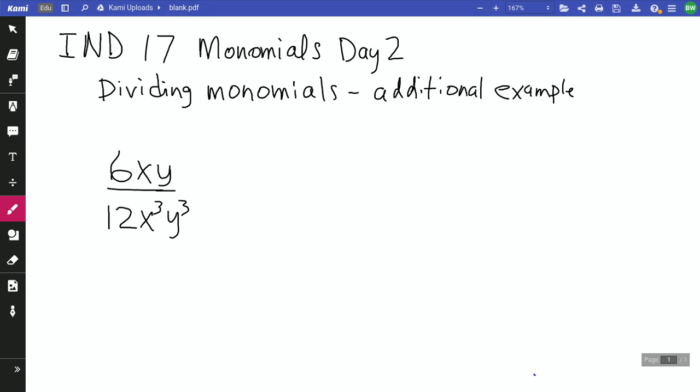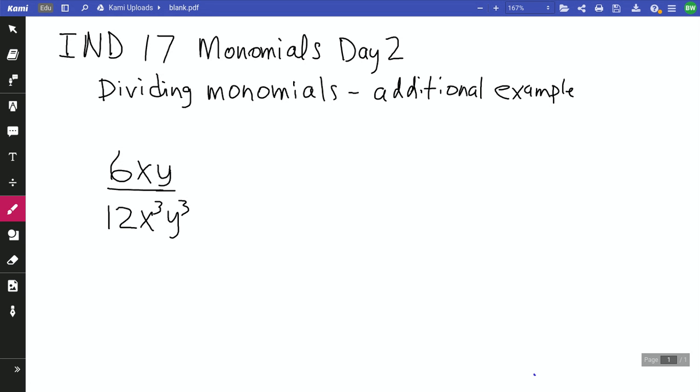But in the homework, there were a couple that were the other way around. The denominator has a larger coefficient. That is, the number in the denominator is larger. So let's look at this example and see what we do in this situation.